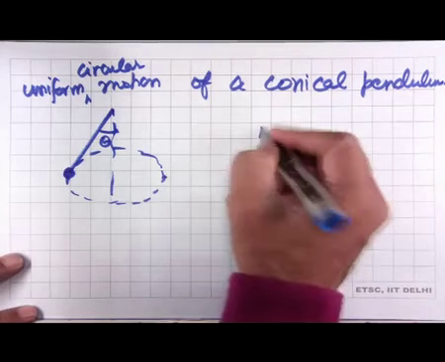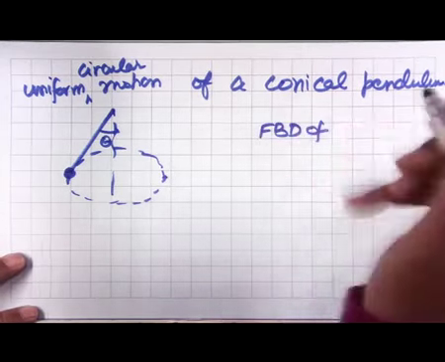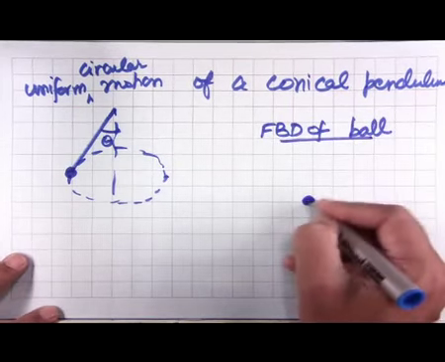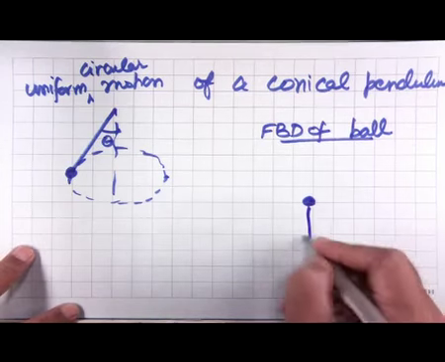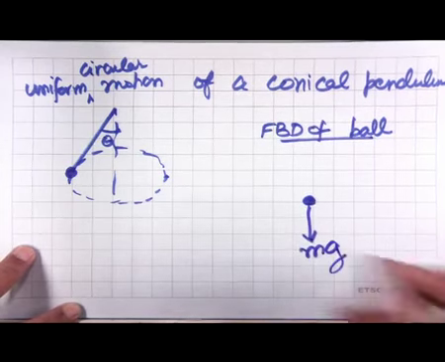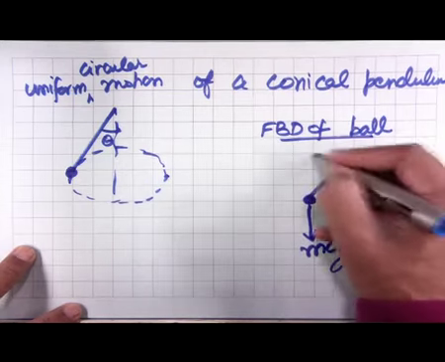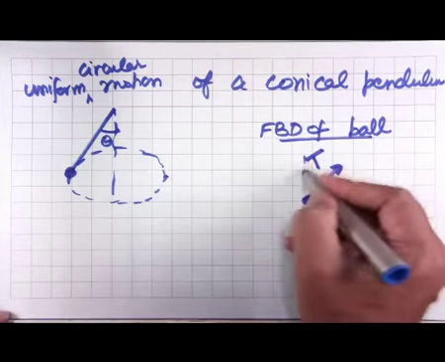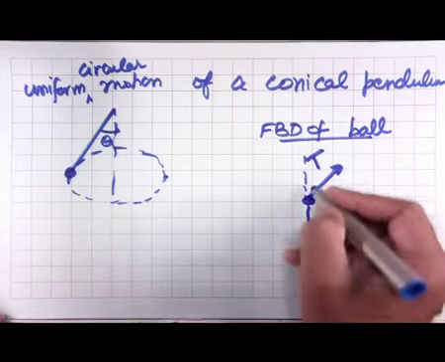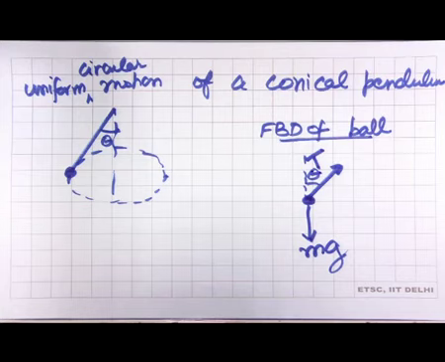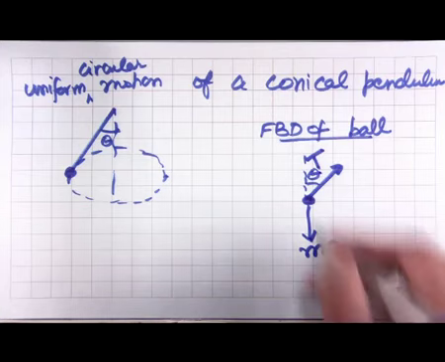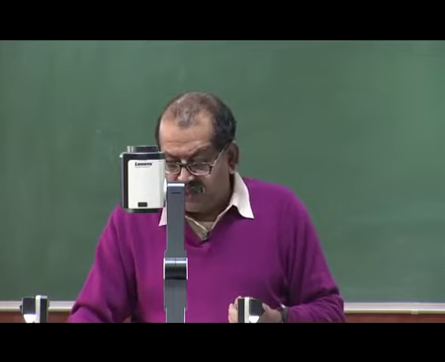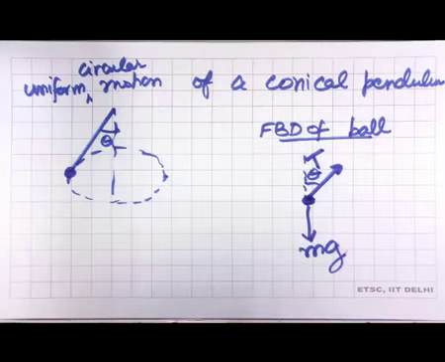If I draw the free body diagram of the ball of the pendulum, I have its weight acting downwards, and the force in the string which we call tension, represented by T, at the angle theta which the string makes with the vertical. These are the only two forces acting on the ball: the weight acting downwards and the string force T.